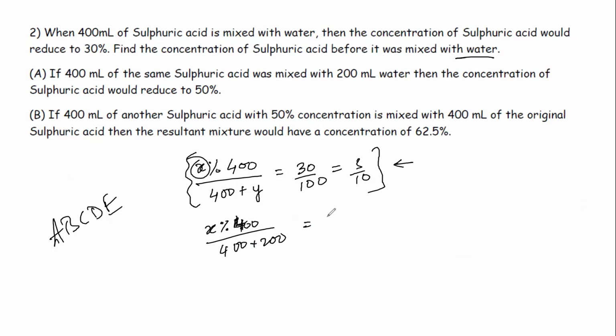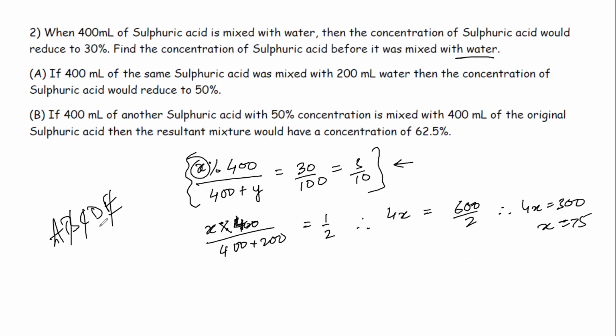That is reduced to 50%, which is half. So now we can calculate X because that's the only unknown. X over 100 and this 100 cancel. So we get 4X is equal to 600 by 2. Therefore, 4X is 300. Therefore, X is 75. So we know that the concentration before it was mixed with water is 75%. So A answers, B, C is out.